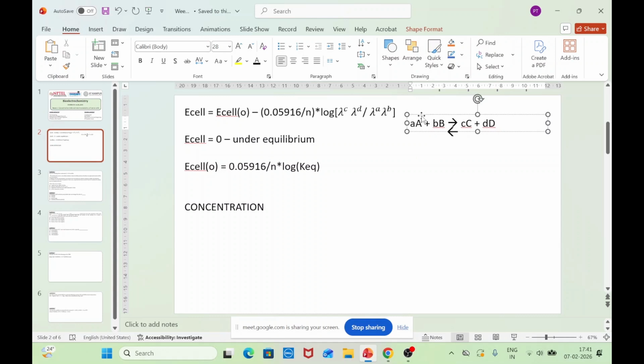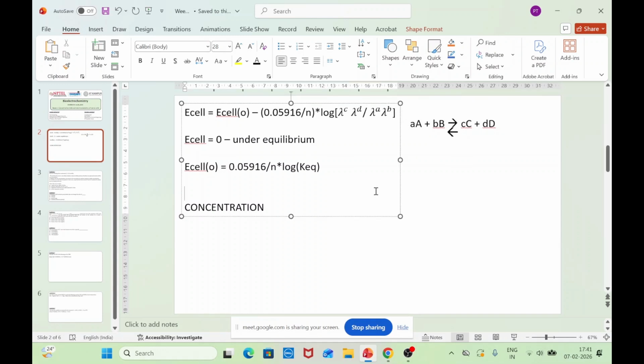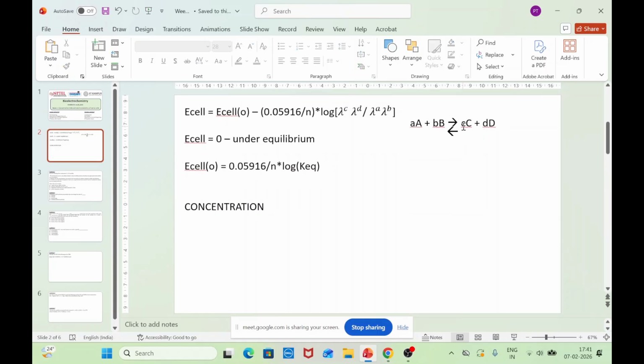So the Nernst equation that we have written is based on this particular chemical reaction that is happening inside the system. You can write this chemical reaction in terms of their respective half cell reactions, and then using that you can derive this particular equation.